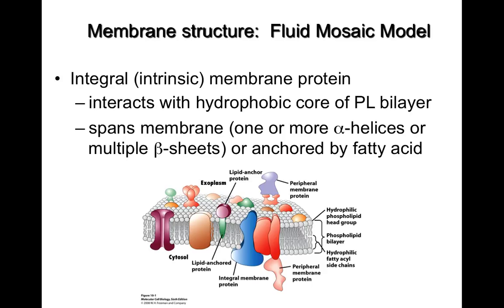So remember, the primary structure of proteins is the string of amino acids, which then lead into the folding of the secondary structures, typically alpha helices and beta sheets.